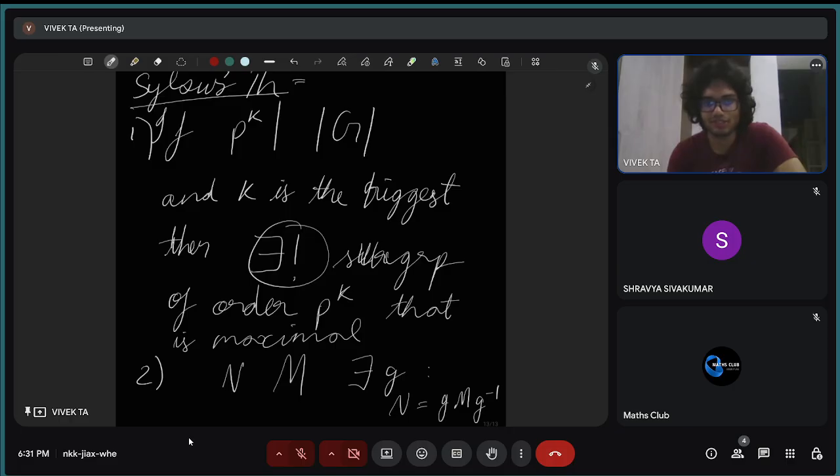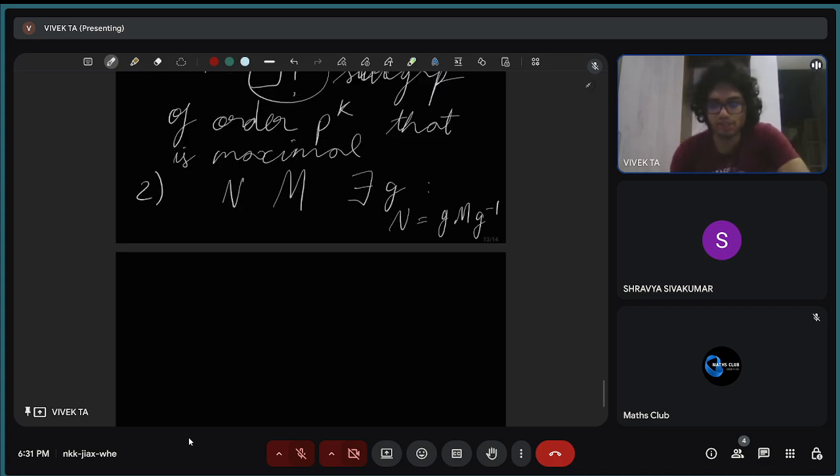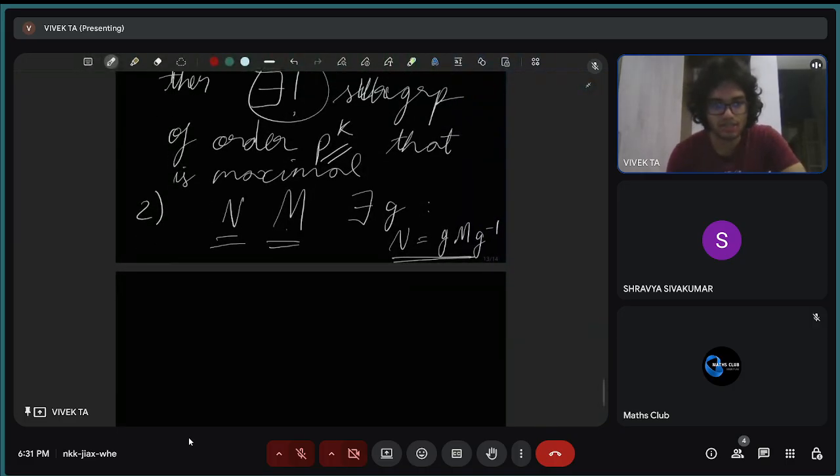So they are unique up to conjugation. If N and M are two subgroups of order P to the power K and are maximal, there must exist an element G in the group such that they are the same up to conjugation. This is what Sylow's theorem says.